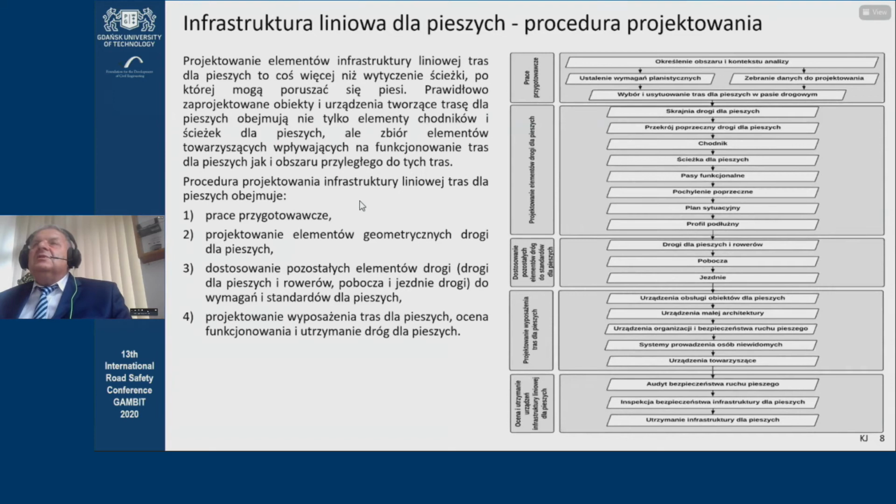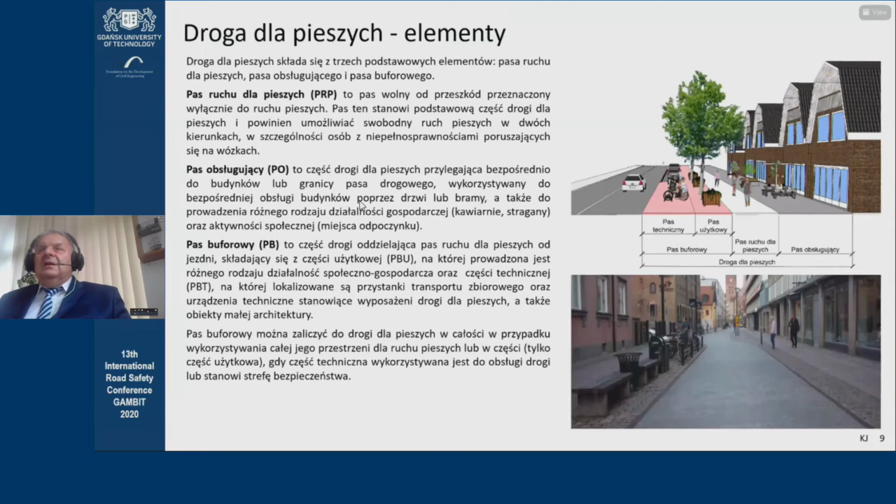There's a whole chapter on that. This all constitutes linear infrastructure. The design procedure includes the preparation stage. This includes the usage of certain standards for pedestrians, and then assessing the equipment.